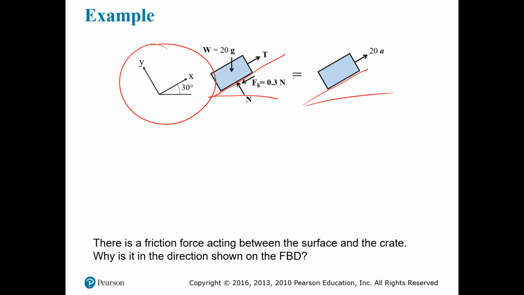And why is that? Because when you establish your x and y, you will realize that the tension, the normal force, and the frictional force are all moved 30 degrees just like your coordinate system. That will make it easier for you to work with them, since the only force that you need to convert into the coordinates will be the weight, because it's the only one going down. And if you have that information, then based on that, you can place your equations and do your sum of forces with no problems.